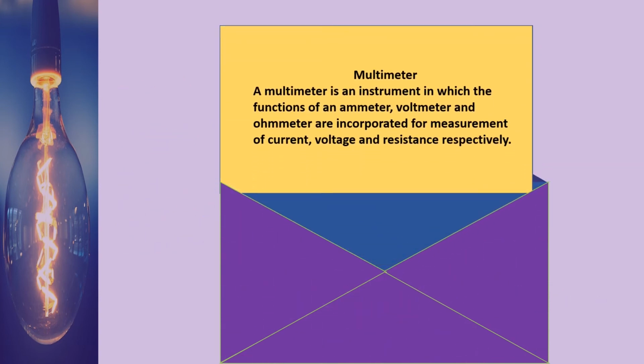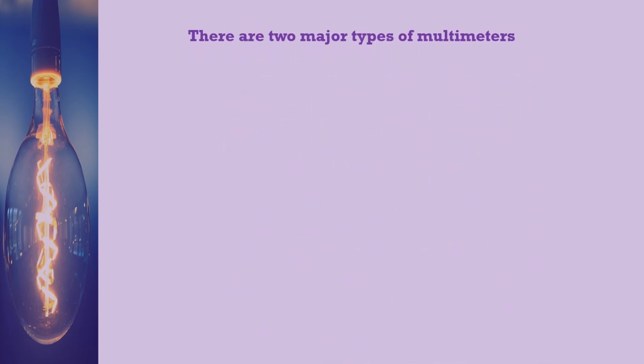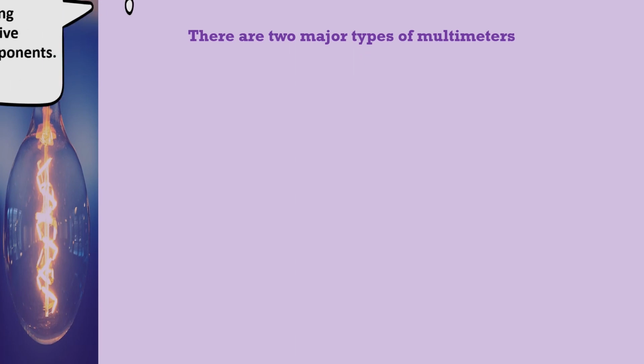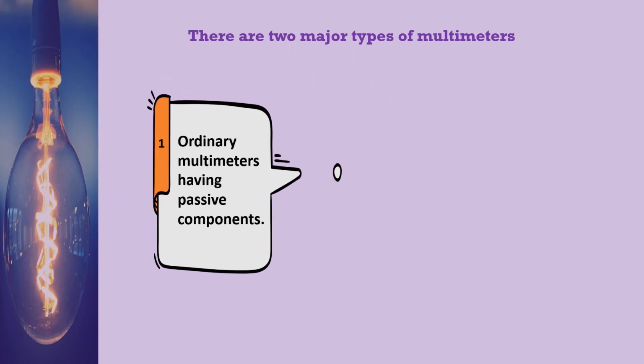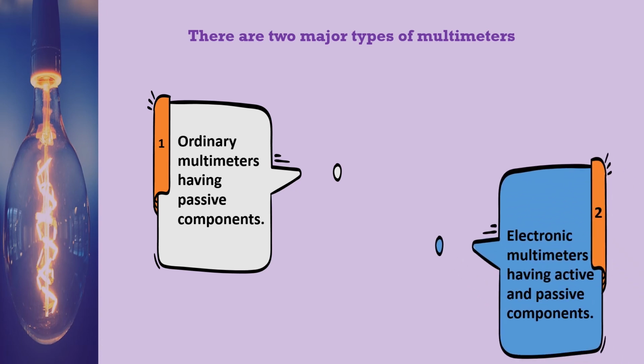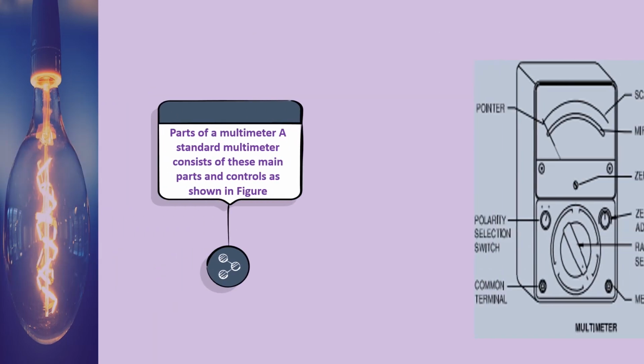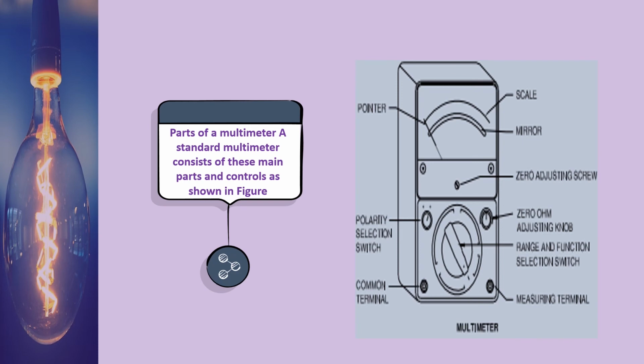A multimeter is an instrument in which the functions of an ammeter, voltmeter, and ohm meter are incorporated for measurement of current, voltage, and resistance respectively. There are two major types of multimeters: ordinary multimeters having passive components, and electronic multimeters having active and passive components. Parts of a multimeter. A standard multimeter consists of these main parts and controls as shown in the figure.